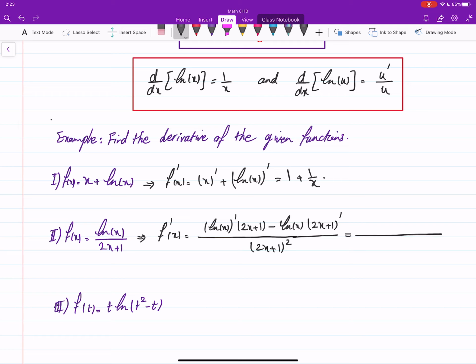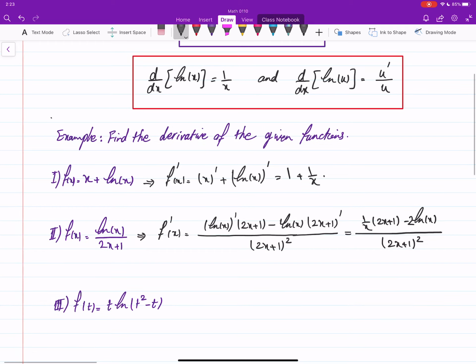This gives us what? Derivative of ln x is 1 over x times 2x plus 1 minus ln x. Derivative of 2x plus 1 is just 2 plus 0, which is 2. Let me just write it here. And then the denominator is 2x plus 1 squared.